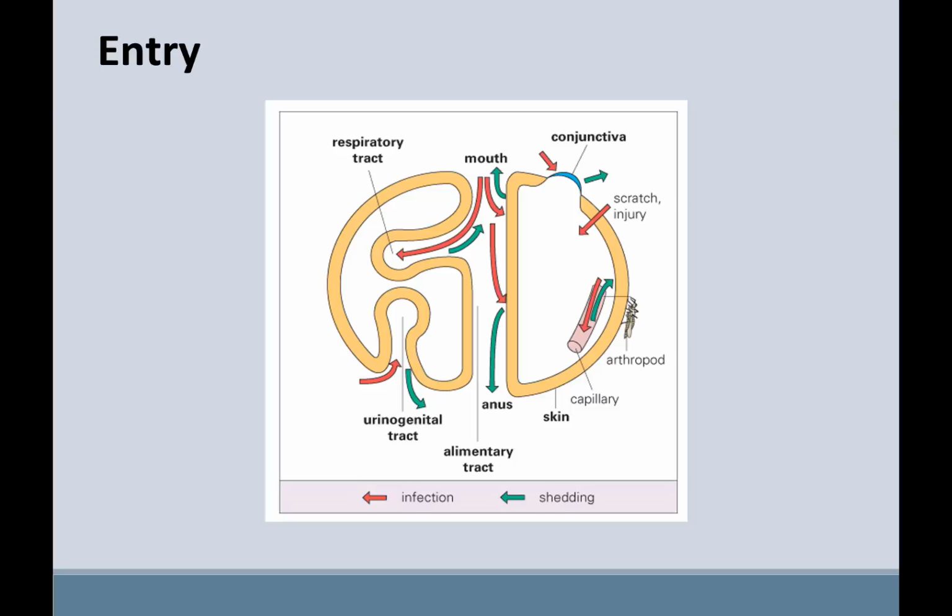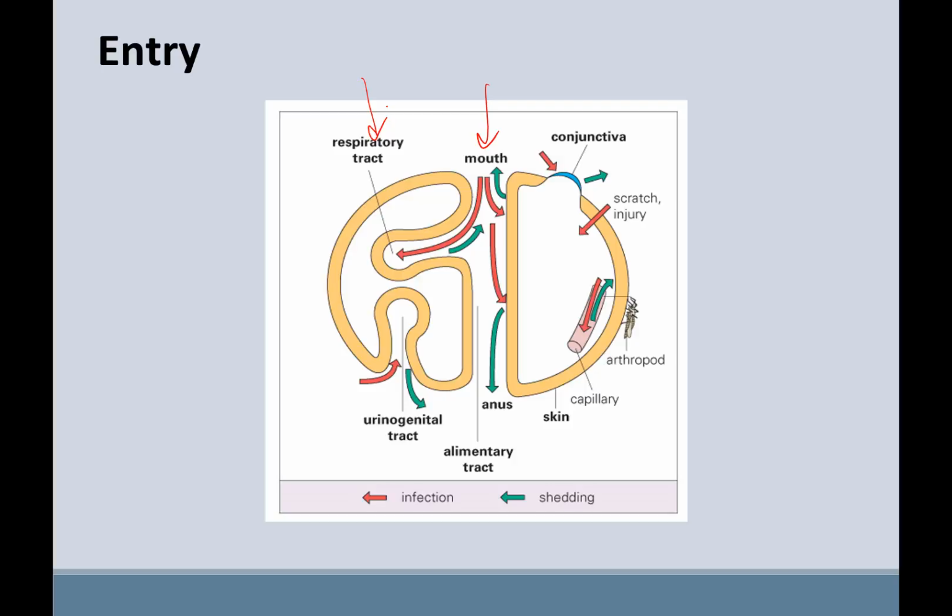But as you're watching this, if you go ahead and take a big deep breath through your mouth into your respiratory tract, you have just swallowed maybe 10,000 pathogens, right? Whatever's floating in the air. Could be fungal, could be bacterial, could be viral, depending on who's around you, what kind of environment you're in. So very easy for pathogens to enter through our mouth, which is a direct shot to our respiratory tract.